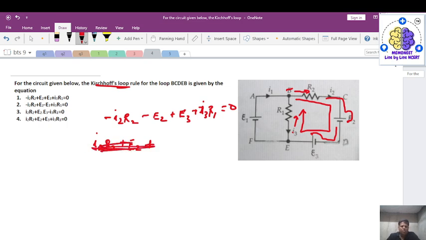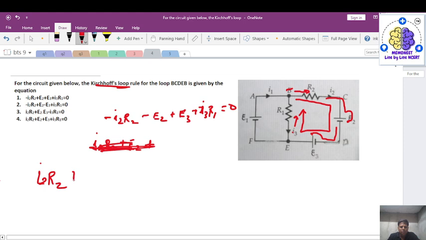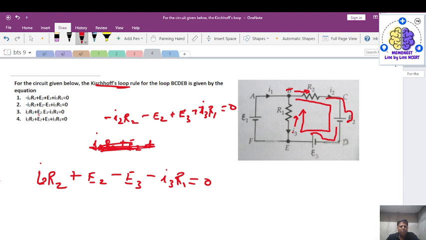This will be equals to I2 into R2 plus E2 minus E3 minus I3 into R1 is equals to 0. And this is I2 into R2 plus E2 minus E3 minus I3 into R1. Right. So the correct answer is 3.